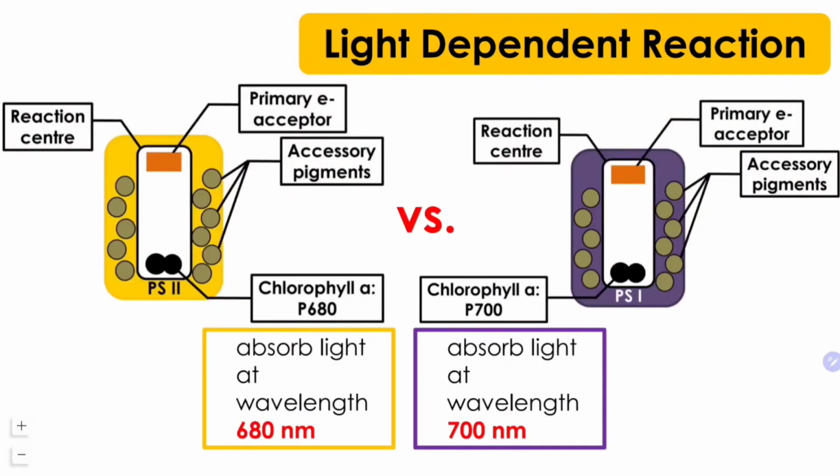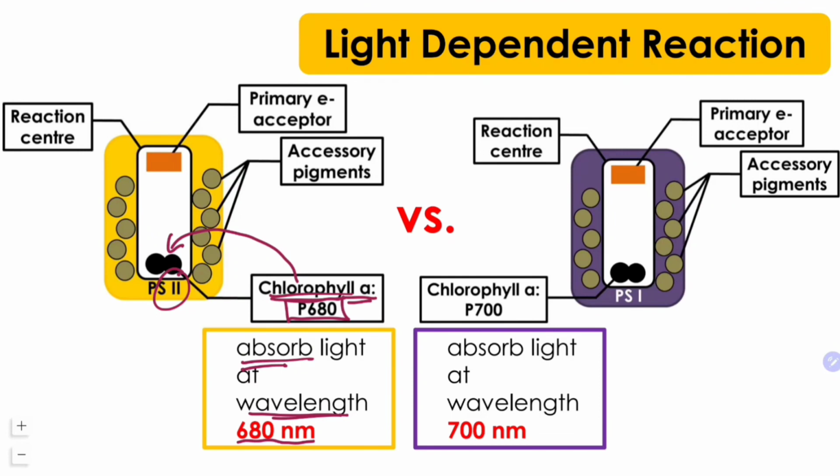So, what is the difference between PS1 and PS2? The only difference is in terms of the wavelength of light that is absorbed by the chlorophyll A located inside the reaction center. For PS2, the chlorophyll A will absorb light at a wavelength of 680 nanometers. So this is why the chlorophyll A is called P680.